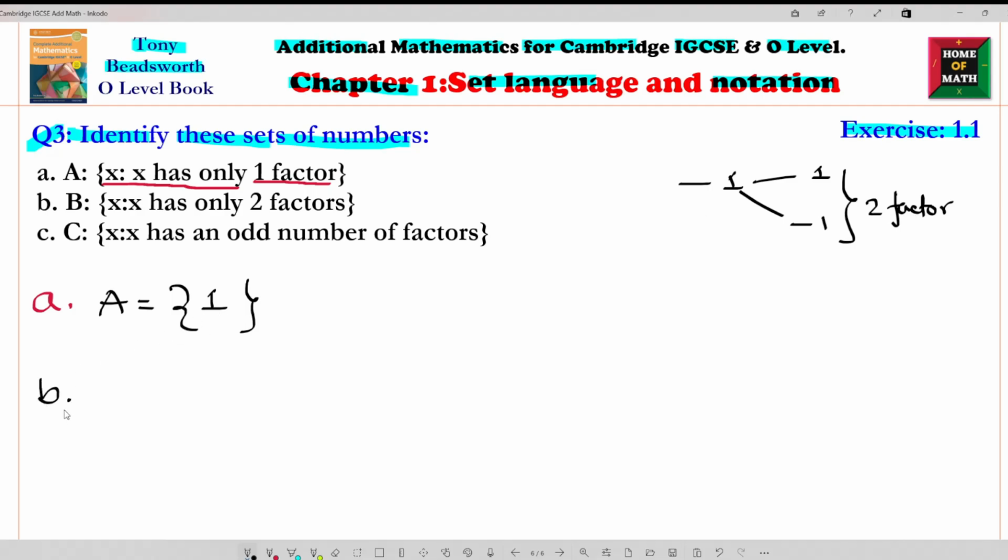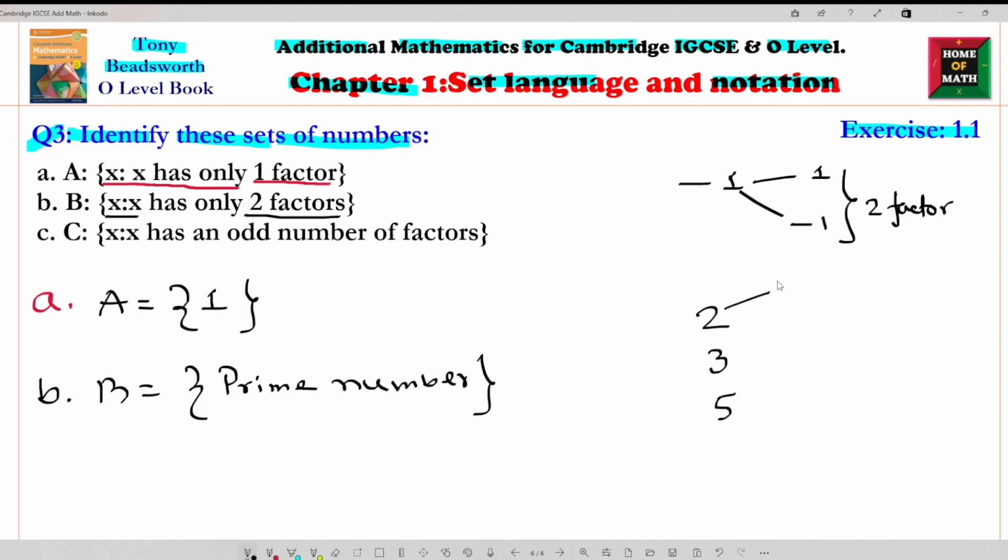Number B. x such that x has only 2 factors, so B is the set of prime numbers. A prime number has 2 factors. Suppose 2, 3, 5.